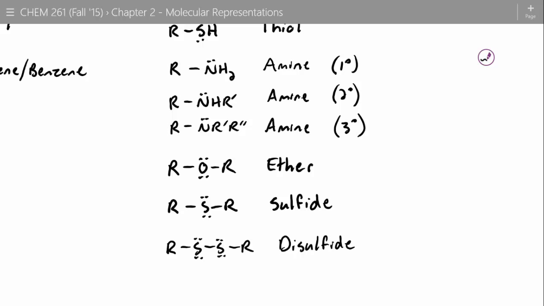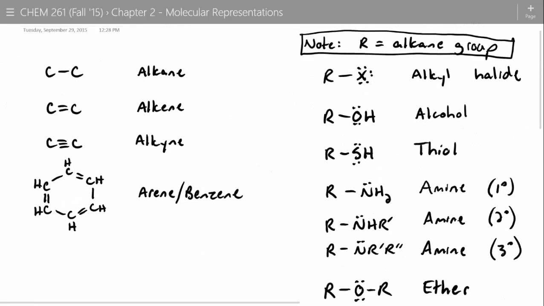All right, so these are a lot of our basic functional groups, but we're missing a whole bunch of them, right? We're missing the ones with the CO double bonds on them. So let's make a list of these.